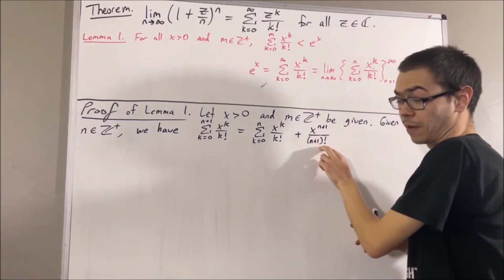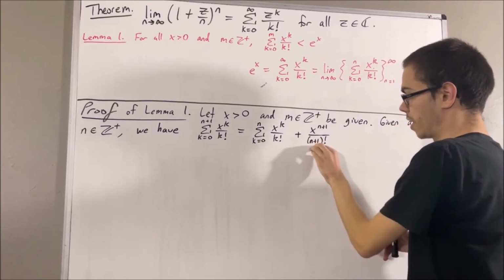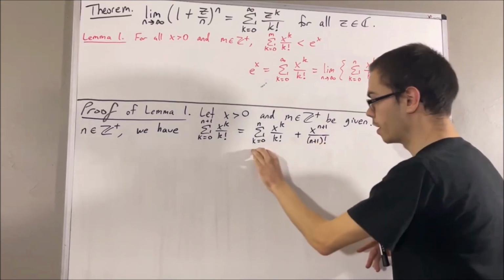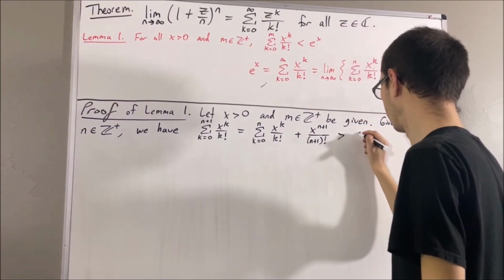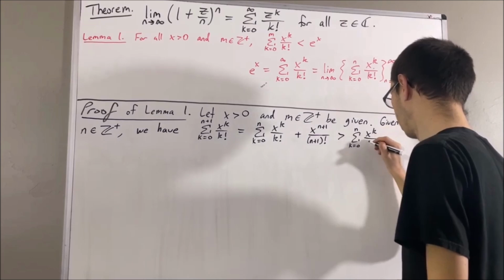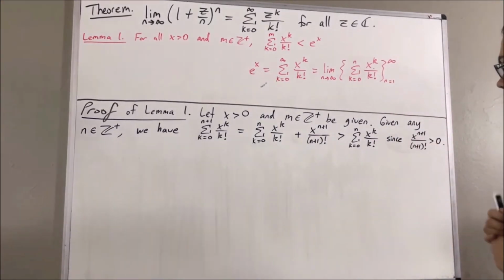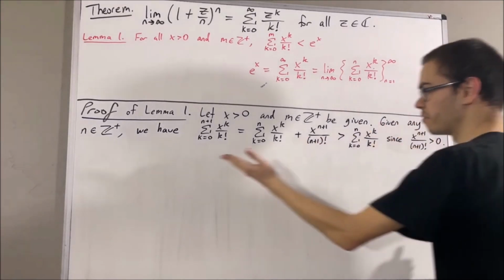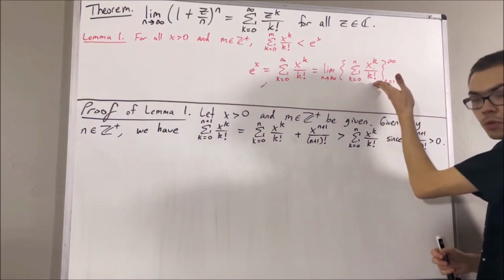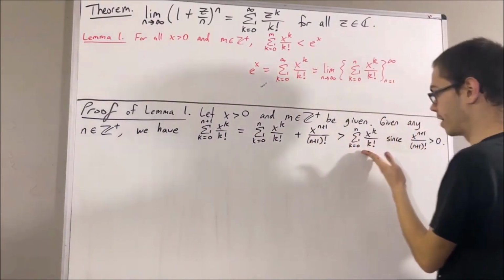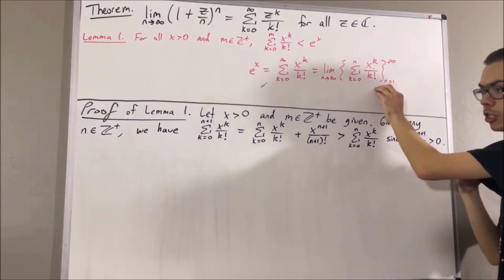Divide that by (n+1) factorial, still greater than 0. So this guy must be greater than 0. Therefore, this guy must be greater than this guy. So we have shown, given any positive integer n, that the (n+1)th term of the sequence is strictly greater than the nth term of the sequence. And therefore, this sequence is strictly increasing.